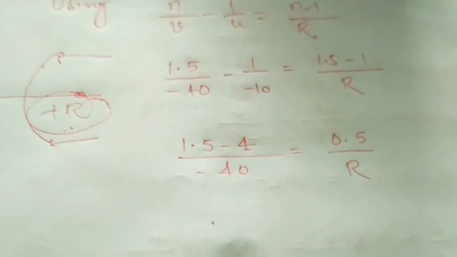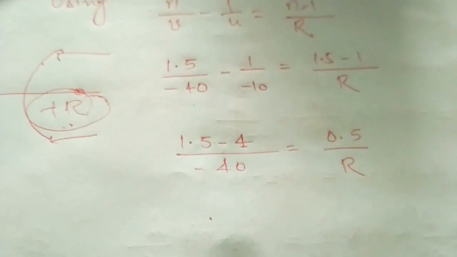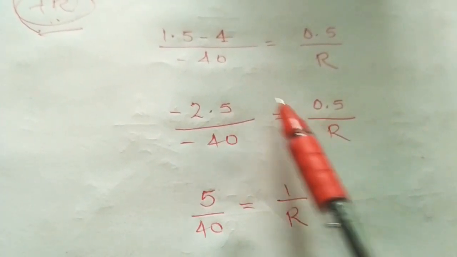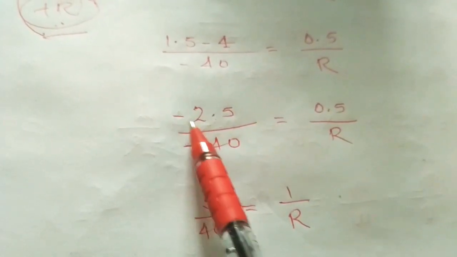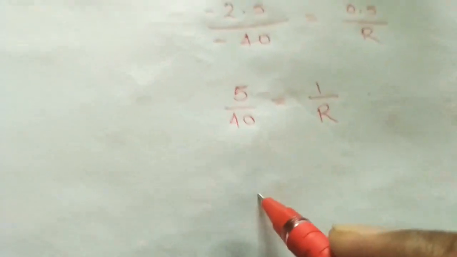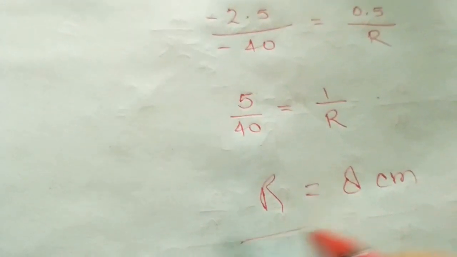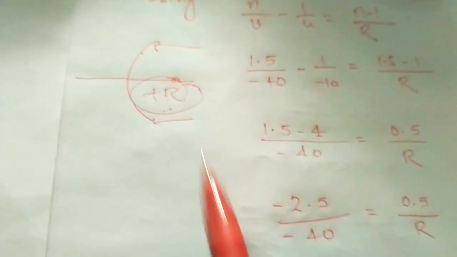Let's calculate. Sorry, that will be 4. 0.5 will cancel this 5 times, and the negative is cancelled. So finally, R is equal to 8 centimeter, and this is positive, which means our answer is correct.